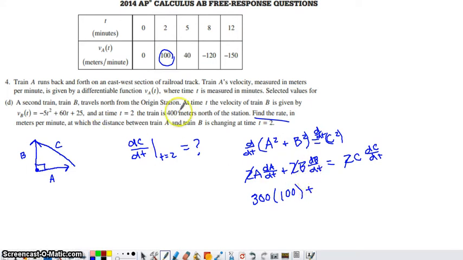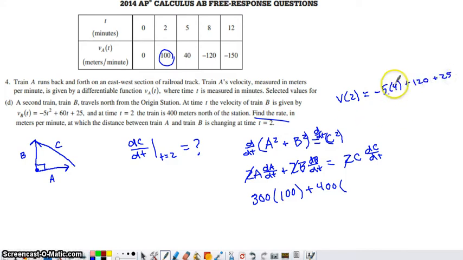Similarly, we can take 400, the position of train B at t equals 2, and put that in place of B. And then dB dt would be the velocity of train B at t equals 2. We don't know that, but we can find it real fast here. We put 2 in place of all of our t's, and we'd be looking at negative 5 times 2 squared plus 60 times 2 plus 25.